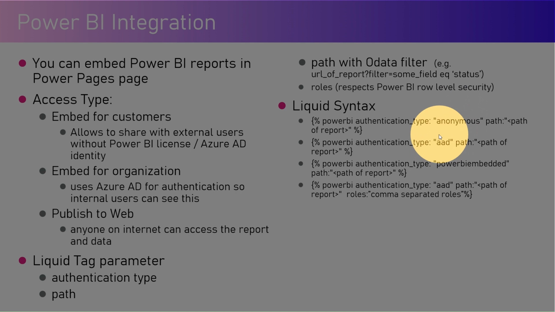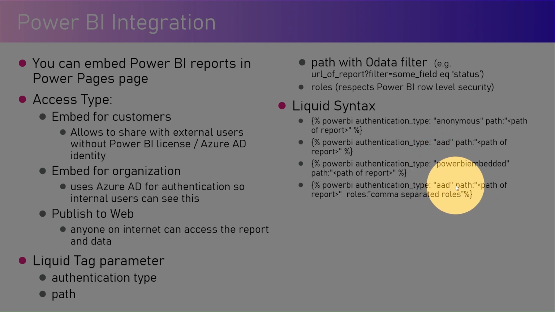AAD is basically your user belongs to the Azure Active Directory and has a valid Power BI license to consume those reports. Power BI embedded, again, all the consumers are part of Azure Active Directory, but they need not have a Power BI Pro license to access the Power BI reports.